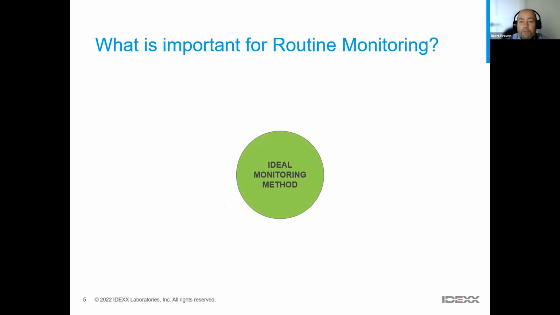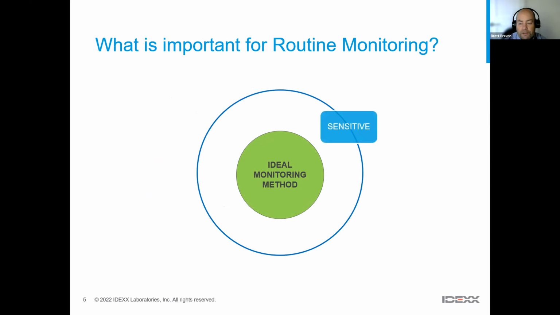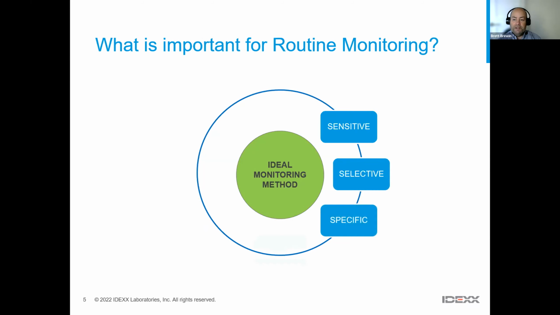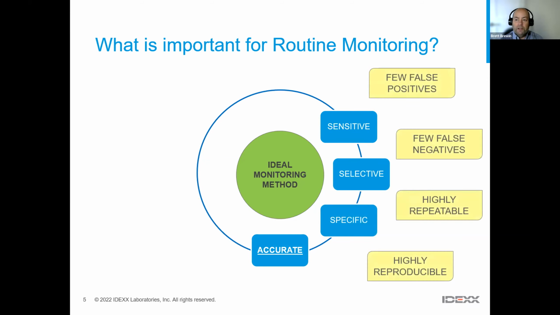There's a lot of things that are important with routine monitoring. Specifically, we want an ideal monitoring method. Well, what does that look like? Well, an ideal monitoring method must be sensitive, selective, and specific. So it must be accurate. That means few false positives, few false negatives, a highly repeatable and reproducible methodology.